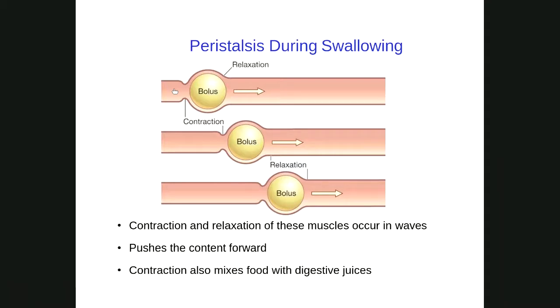So that movement usually happens in one direction, pushing the food from the upper tract down to the small and large intestine, which is preceded by contraction, followed by relaxation, making that bolus of food move in one direction through the digestive tract.